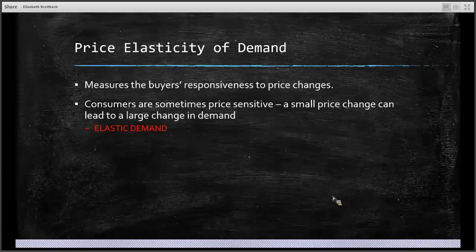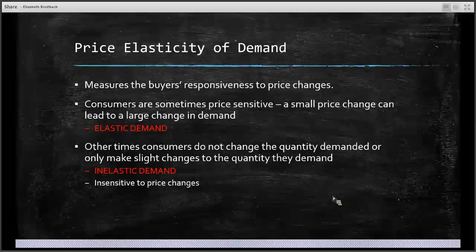So when consumers are very sensitive to prices, so when I go out and we buy all kinds of goods at the bookstore because there's a clearance, that small change leads to a large change in demand. We call that elastic demand. Elastic demand means that consumers are very responsive to price changes. It means that changing the price will lead to a significant change in the quantity that individuals demand.